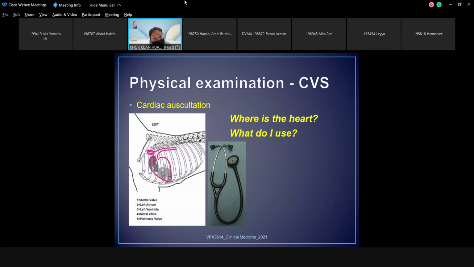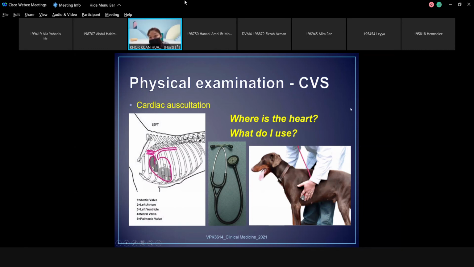If you remember from anatomy, where is the heart located? Near the left side. So right side no heart, Xuan Kang? The heart is located between the third rib and the fifth rib. This is what will be available in your textbook.